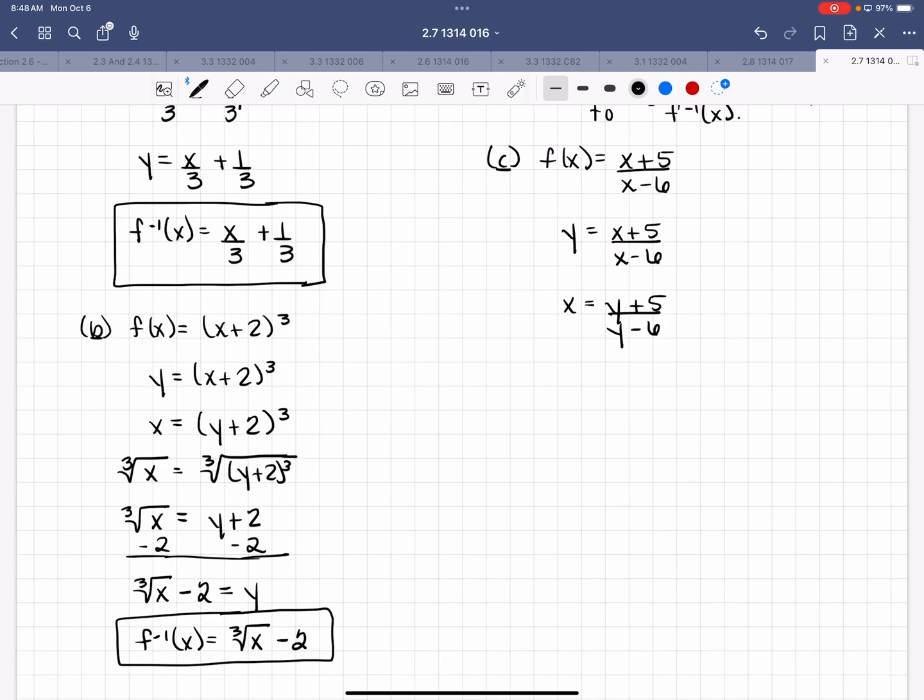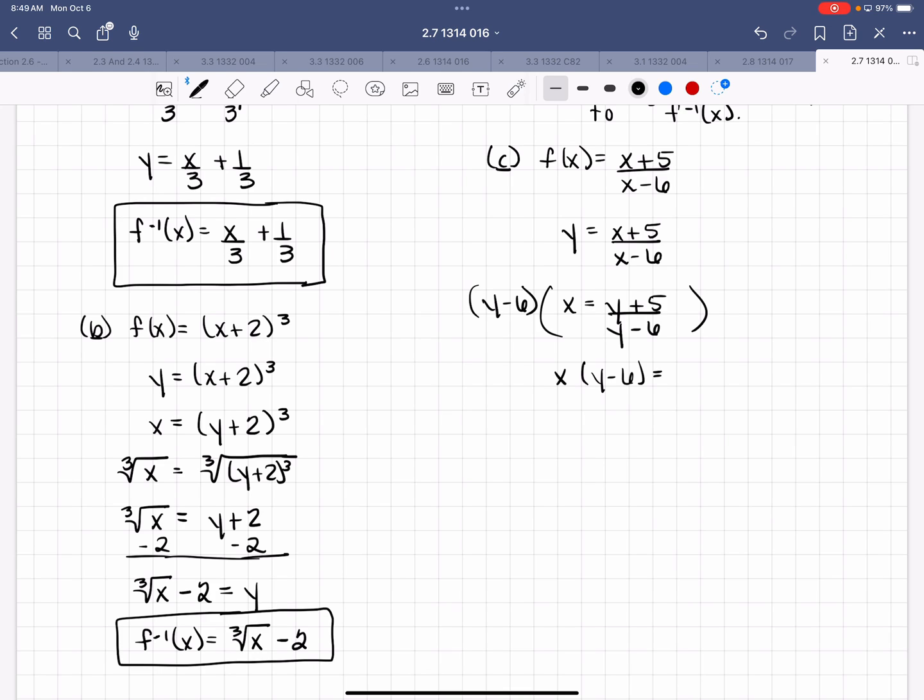How do I get rid of something in the denominator? We've got to multiply by it, right? So I'm going to multiply this whole thing times y minus 6. So the left-hand side, I'm just going to write it x times y minus 6. I'm not going to overcomplicate it.